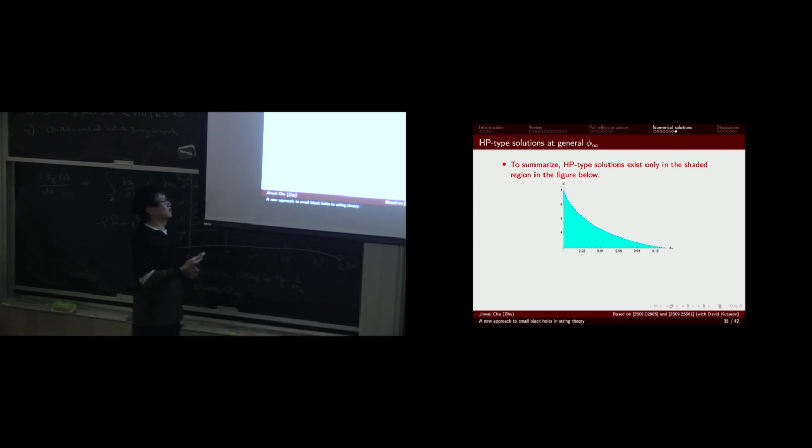And together, this region below this dashed line highlights the existence of the Horowitz-Polchinski type solutions. So the Horowitz-Polchinski type solution can only exist below this dashed line. Actually, in my original slides, this should be a shaded region, but somehow it cannot be displayed on the screen. But it's okay, it's not a problem. It's just that there's a shaded region below this dashed line.